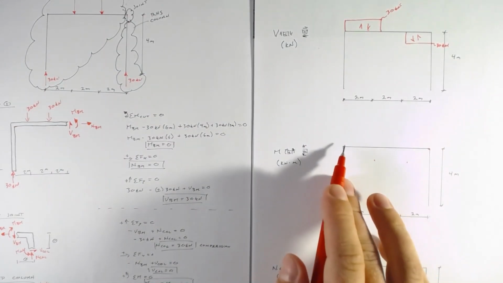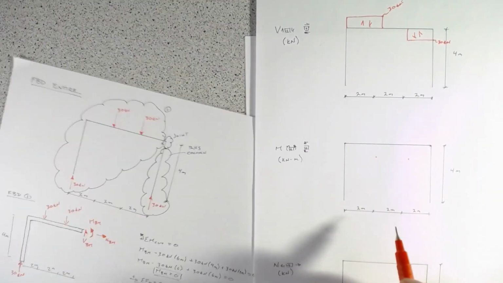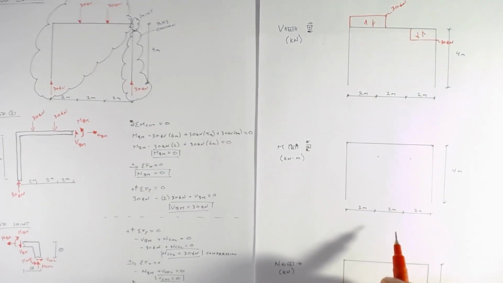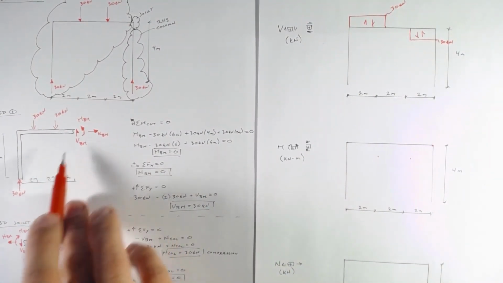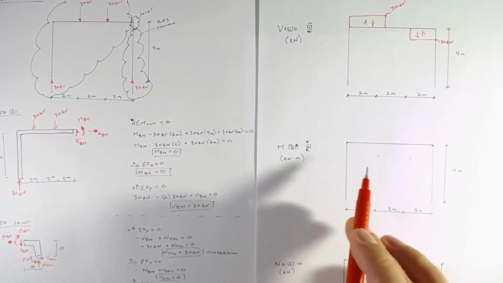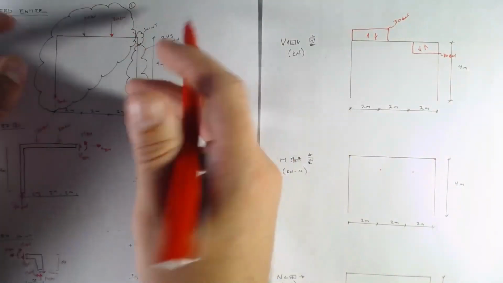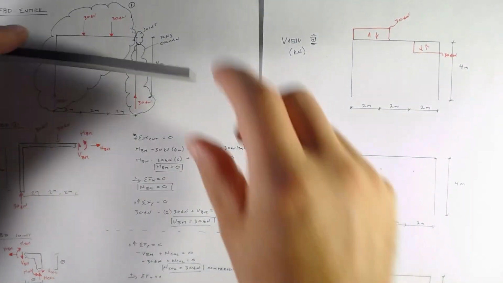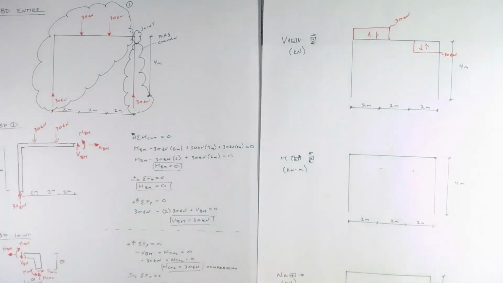and we have a moment which is going to increase, and we're going to plot it on the tension side of the beam. Again, if you think about it, it's the same as the tail side, and the tail side's on the bottom, so we will plot on the bottom. If you think about the deformed shape, these 2 points are going to really want to make that beam bend in this direction.